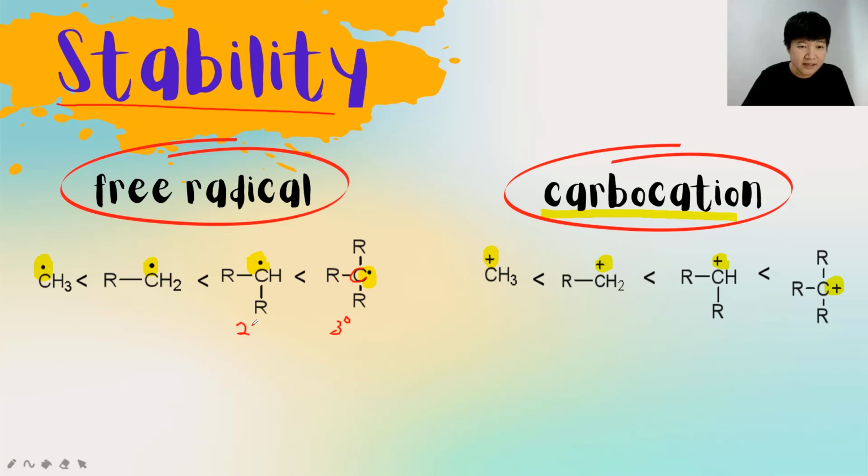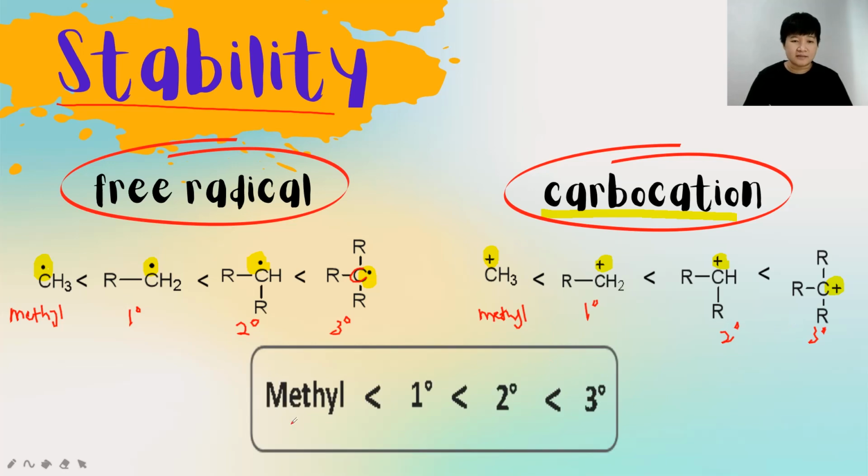This one is a secondary free radical, a primary free radical, and this is what we call a methyl free radical, because it's only holding 1 methyl group. Carbocation, same thing: methyl, primary, secondary, tertiary. In conclusion, you can see that the stability is higher in tertiary compared to secondary, compared to primary, compared to methyl. Okay, so that is the stability.